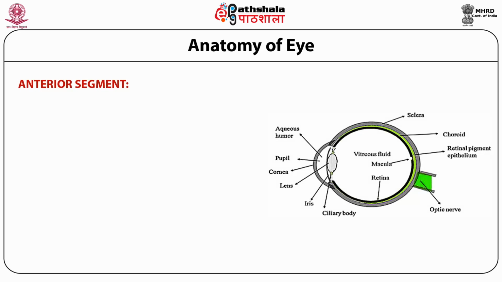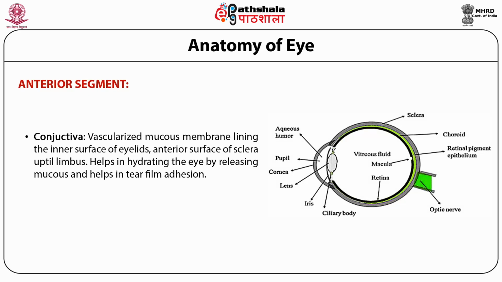The second part is the conjunctiva. This is a thin, translucent, highly vascularized mucous layer lining the inner surface of the eyelids, anterior surface of the sclera up till the limbus. It helps in hydrating the eye by releasing the mucus and helps in the tear film adhesion. The diagram in front of you primarily highlights these areas present in the human eye.